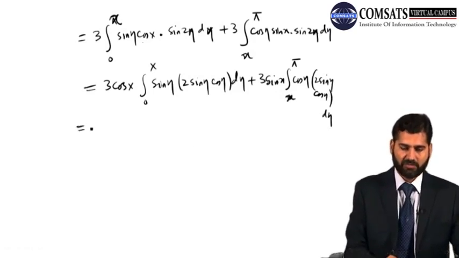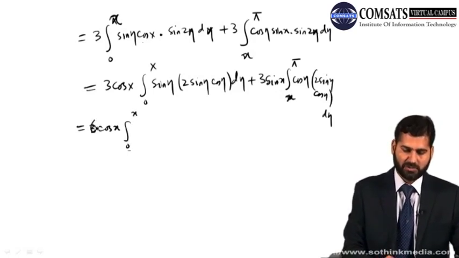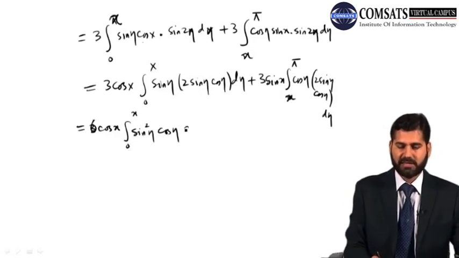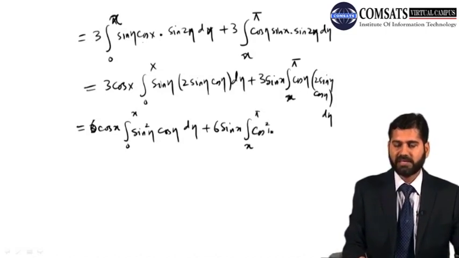So now we have 3 cosine x, 0 to x. The 2 comes out, so it will become 6 cos x, and we have sine squared eta cosine eta d eta. Similarly here it is 6 sine x, and inside you have cosine squared eta and sine eta d eta.